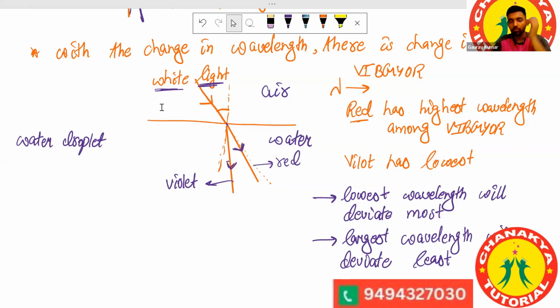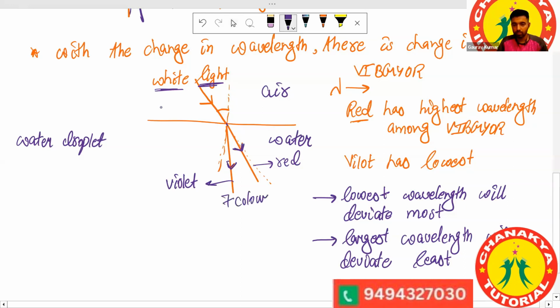It is entering into water, and it gets split into seven colors. Tell me if any one of you has any doubt until now.